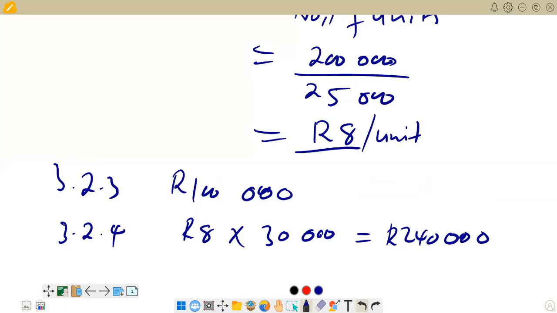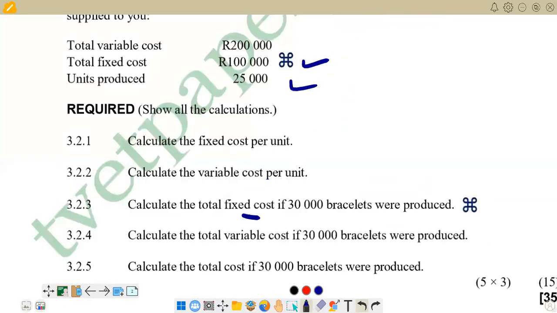Then we'll check the next question. The next question is calculate the total cost of 30,000 bracelets which were produced. Remember, fixed cost we said does not change, it's 100,000. And then variable cost, we add the total that we got by saying 30,000 times 8. So for total cost now, this is 3.2.5.